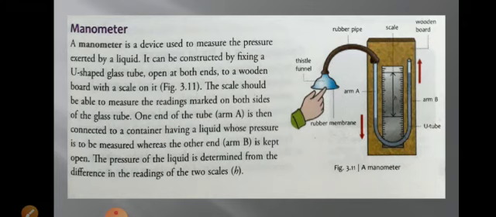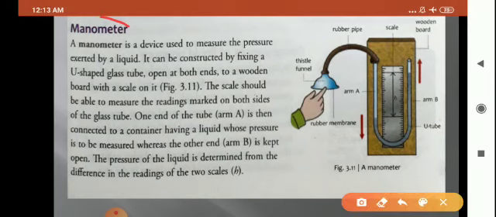Okay children, now what is manometer children? There is one more thing, barometer also, which you will study later on. First of all, your topic is manometer, so don't get confused between manometer and barometer. What is manometer? Manometer is a device used to measure pressure exerted by a liquid.